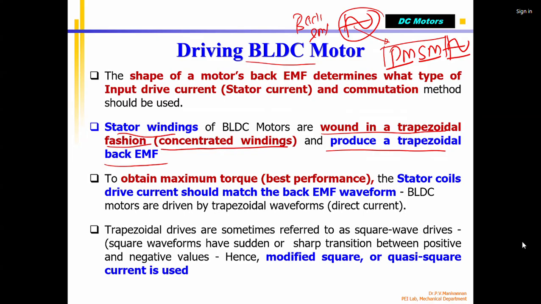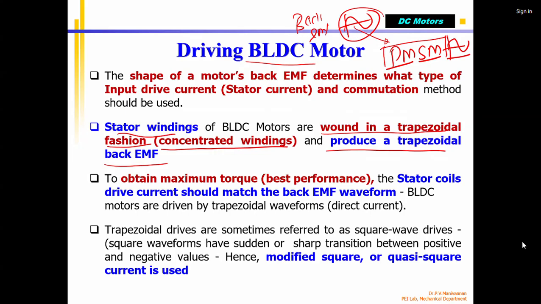But in the case of the BLDC motor, the stator winding itself is a trapezoidal pattern, which is called a concentrated winding. So the back EMF produced by the windings of the BLDC stator coil will be trapezoidal in nature.